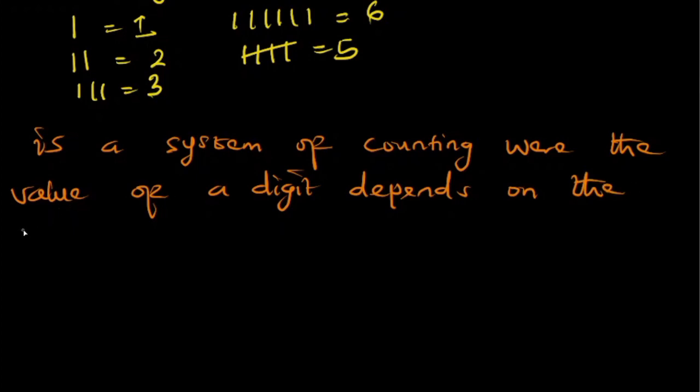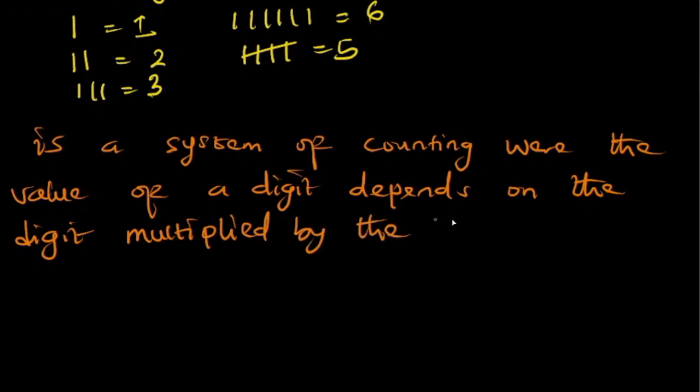This is how we can easily define positional notation: the value of a digit depends on the digit multiplied by the factor. Let me clean this.